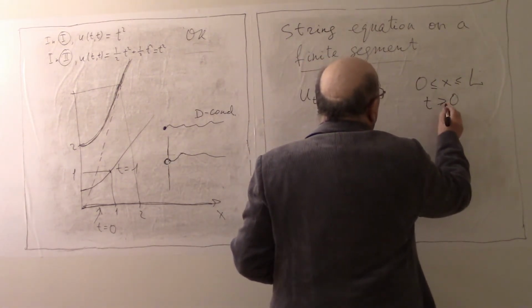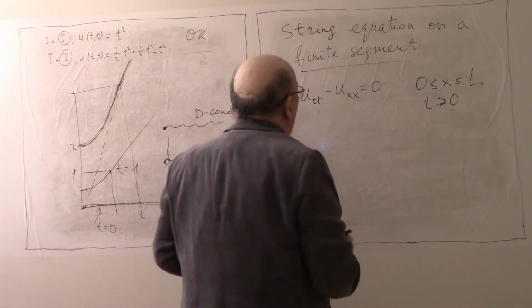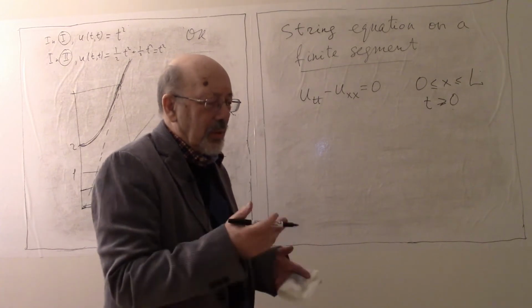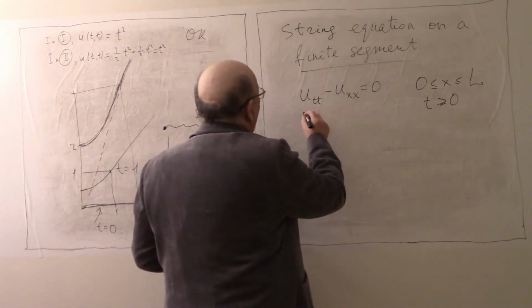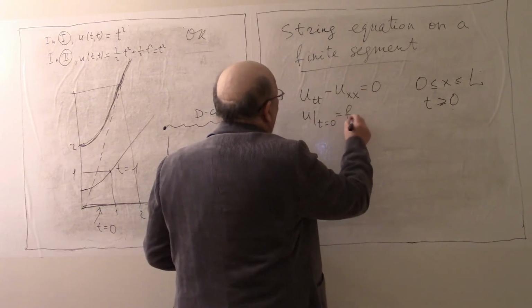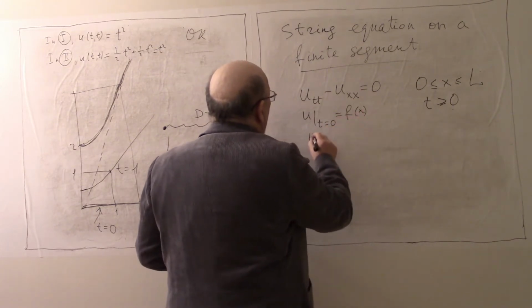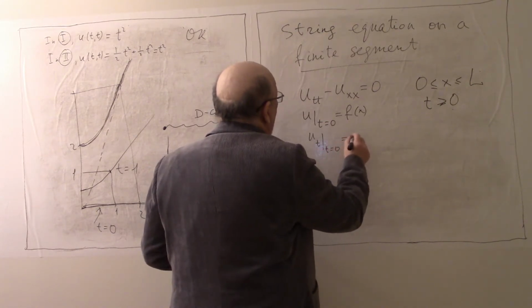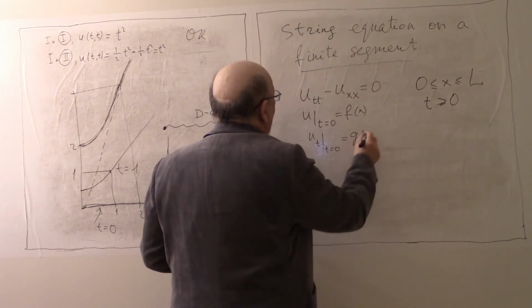T positive. So we, as usual, should define initial conditions. u for t equals 0 equals f of x. ut for t equals 0 equals g of x.